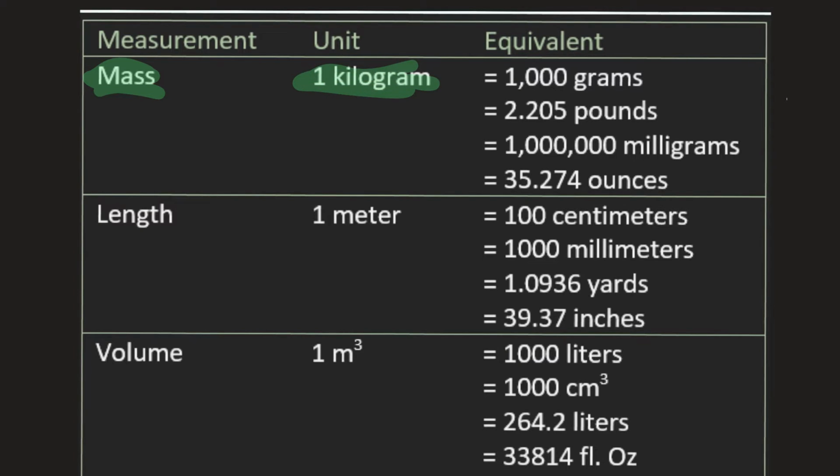The SI unit for mass is kilograms, which is roughly 2.205 pounds in the United States. In chemistry and medicine, kilograms is way too large of a unit, so oftentimes we use just grams or milligrams. For example, on many over-the-counter drug bottles, the active ingredient is always in milligrams, okay? The SI unit for length is meters.